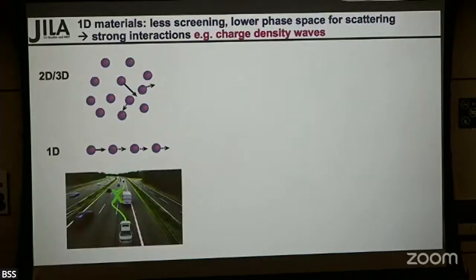I think people at this summer school know very well that 1D materials are very interesting because the electrons cannot avoid each other. They're stuck interacting. They can't do anything about it.